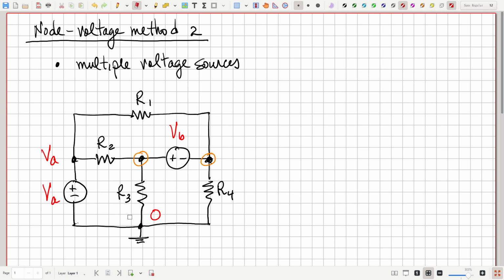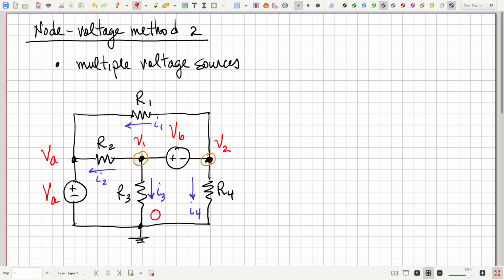And now we have remaining just 2 nodes with unknown voltages. Let's call those V1 and V2. Let's draw now all the currents through the resistors that are going to come into Kirchhoff's current law. Let's call this I1, and this we'll call I2, and I3, and I4.